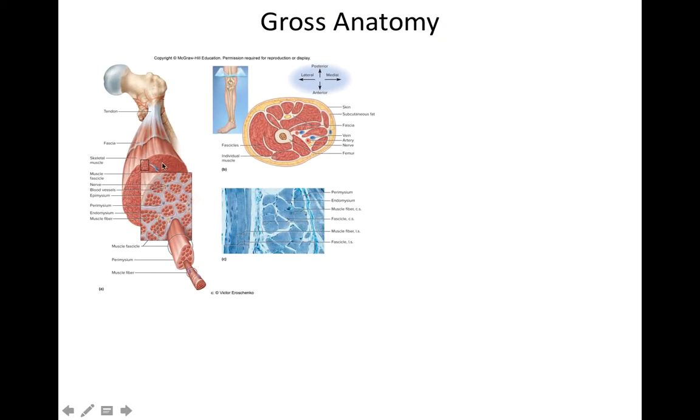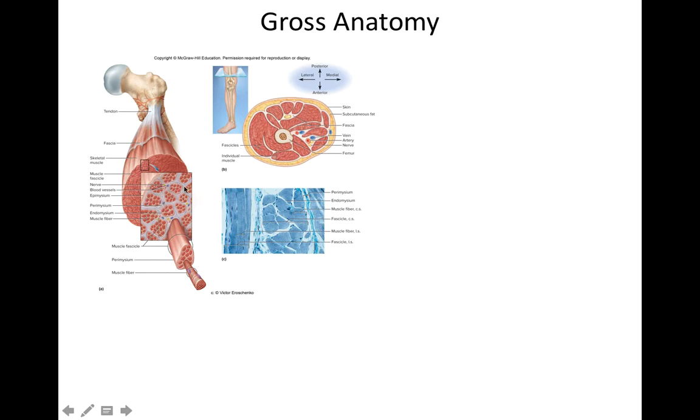So here you have the entire muscle as a whole. Okay, so cross-section through the whole muscle. And running along the outside, this layer right here, that is your epimysium. So this would go all the way around the muscle. Now, you can see that the muscle is divided into these units.